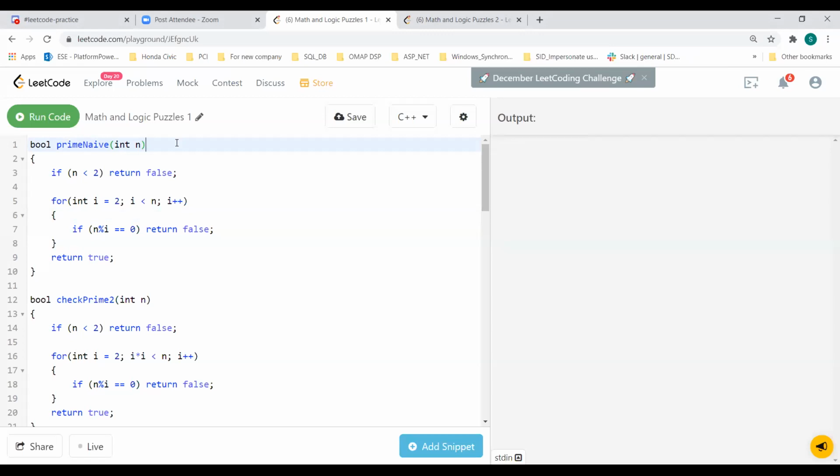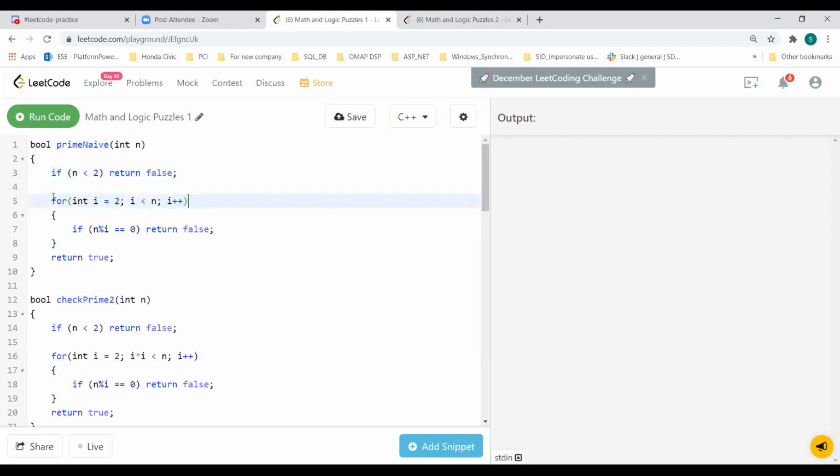The book also says that it's very common, these questions are usually asked most of the time. If we are given a number, how do we find out if it is a prime number? They are very easy, it's not a big deal, but I just wanted to walk through them again. So if we are given a number n and want to check if it is prime, the most naive way would be: if it's less than 2, return false.